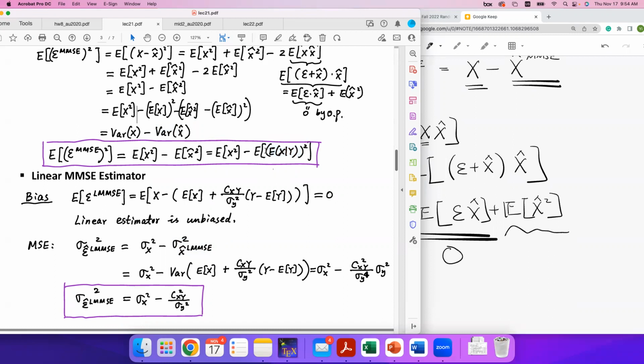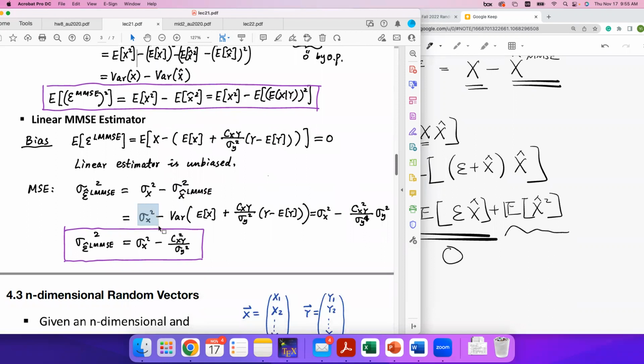So the estimators are different. Now let's look at the variance of this linear estimator. This is the variance of x minus the variance of this linear estimator.